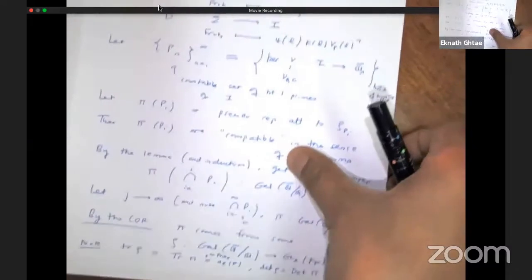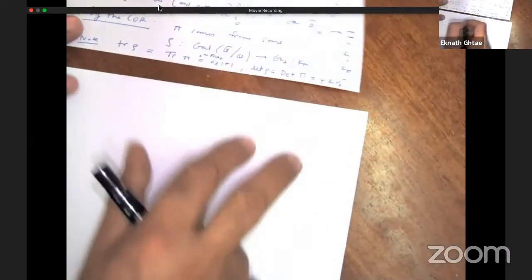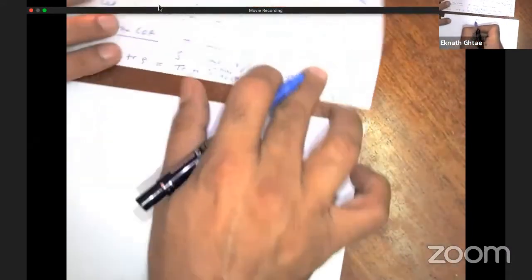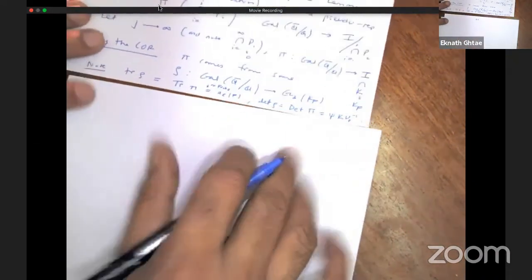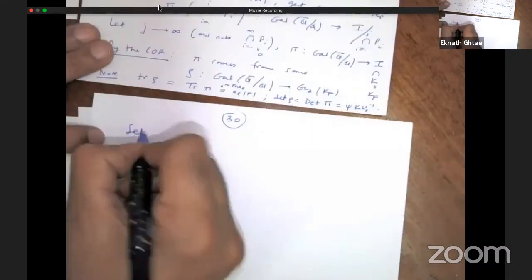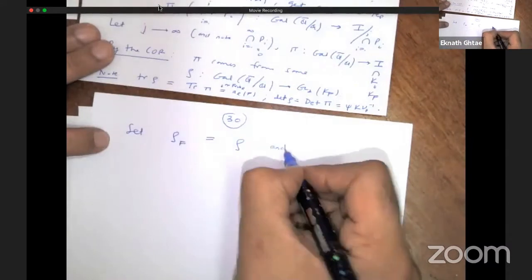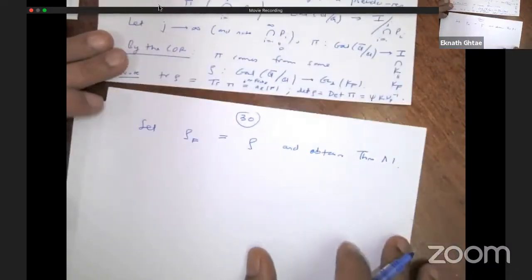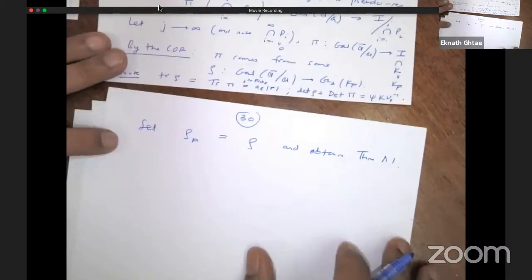So because of those two things, we set rho_F to be rho and obtain theorem lambda 1. Okay, so this is how the Galois representation is constructed.